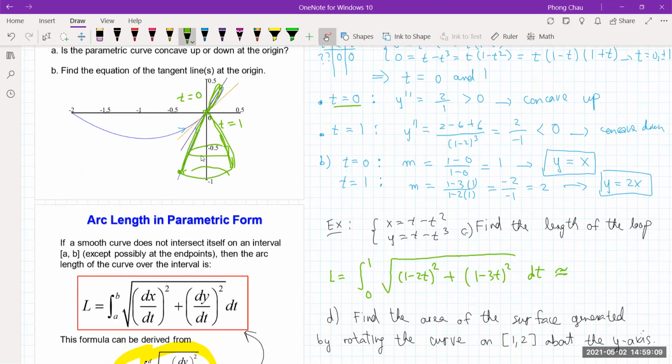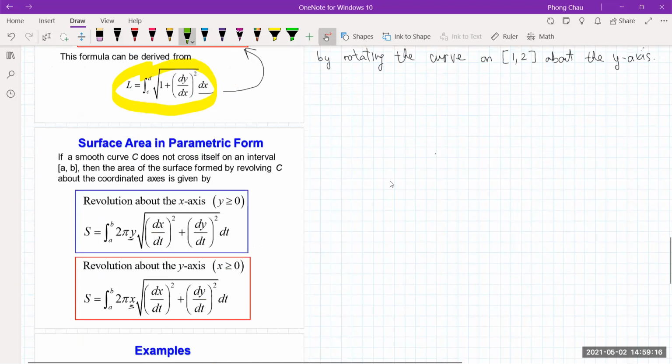Because we rotate about the y-axis, the radius will be x. So the formula will be the same as arc length, you just include an extra 2 pi x.